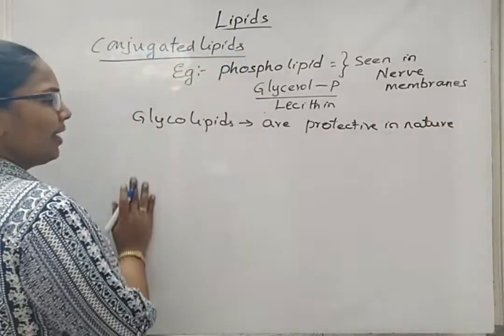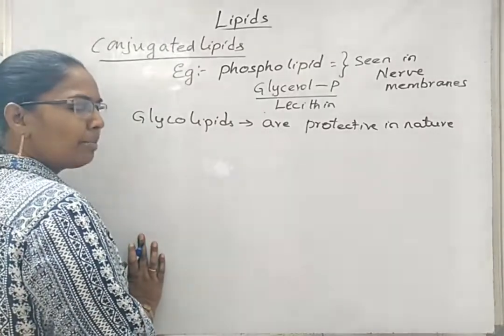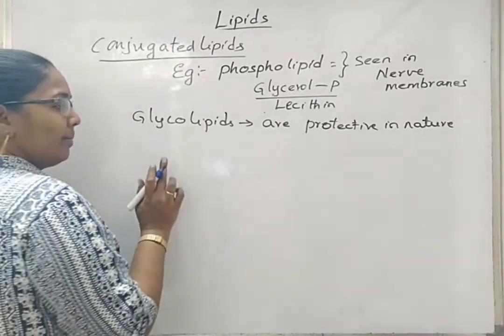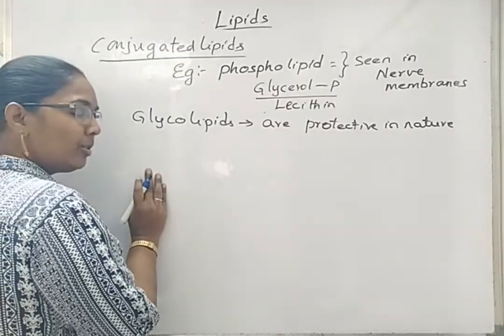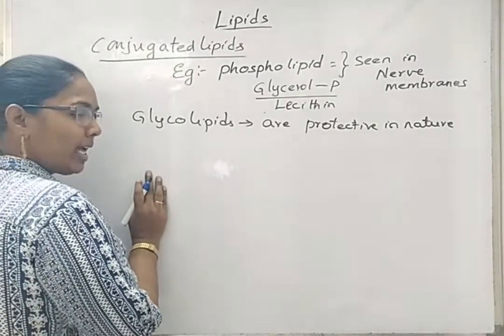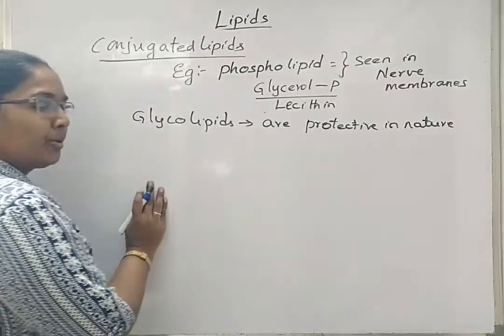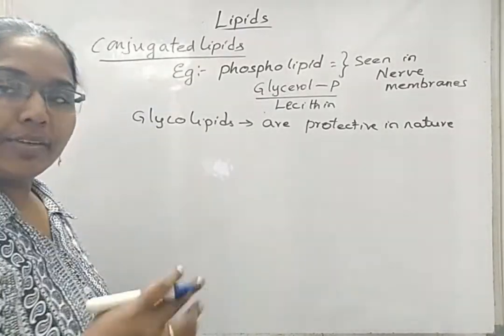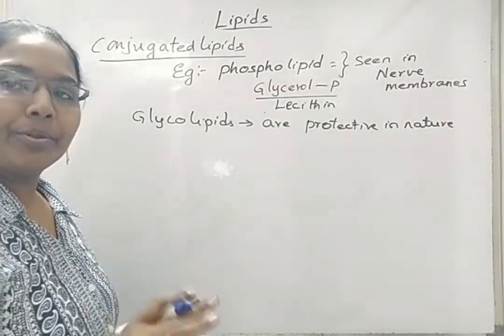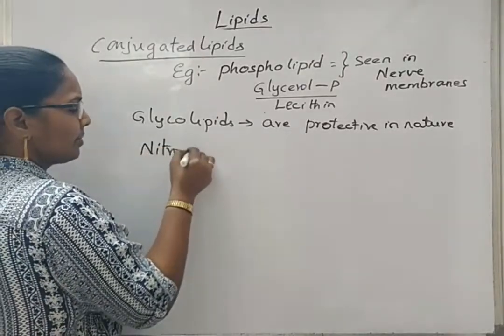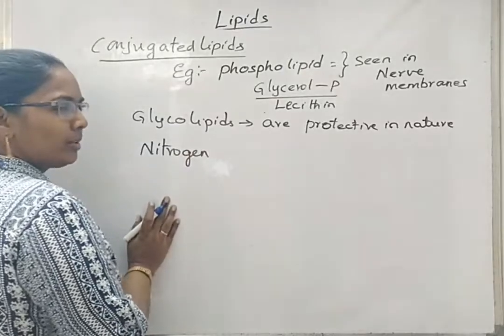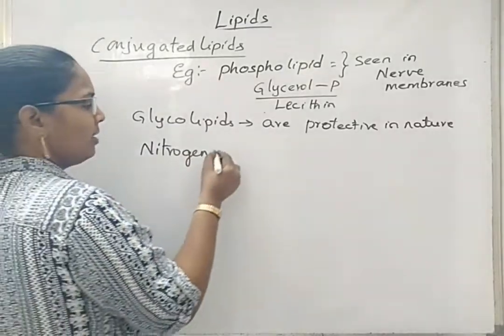Next, when a nitrogen base is combined with a lipid, then the term changes. When a nucleotide or nucleic acid is combined with protein, we give the term nucleoproteins. But the nitrogen base can be adenine, guanine, cytosine, thymine, or uracil, any one.